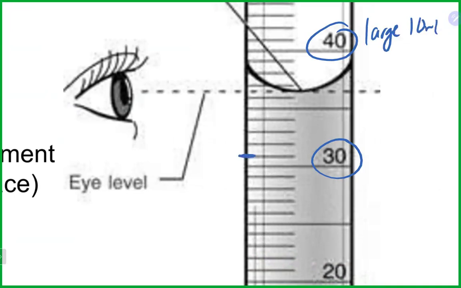Starting to count here and continuing up to our 40 mark, there are 10 markings, which means that each of our small markings here are going to be 1 milliliter. And that would make that 31, 32, 33, 34, 35, 36, and 37, which is not 36, but 37. And that looks like we are somewhere between 36 and 37.